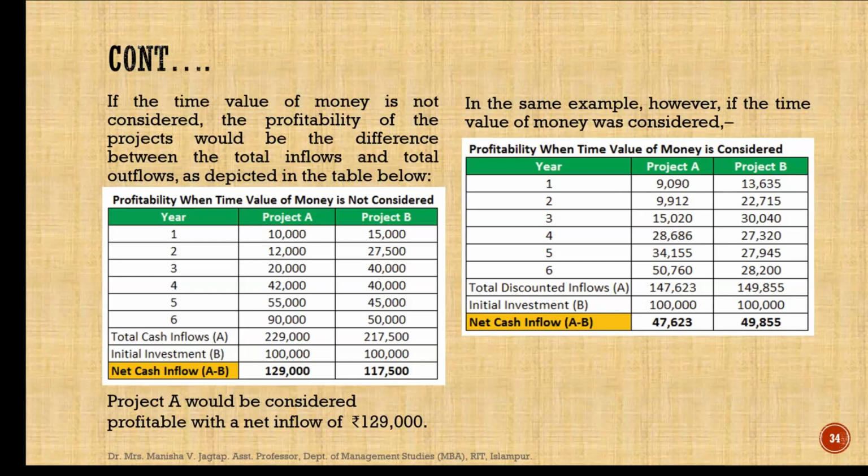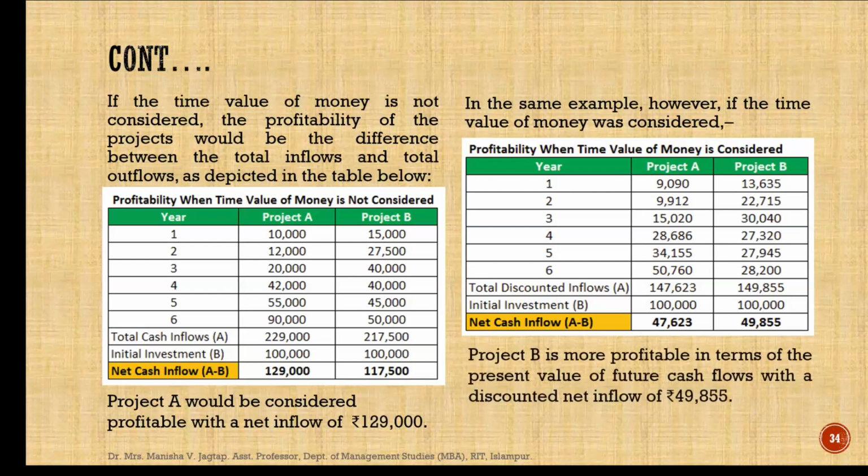But when we apply time value of money, then project B is more profitable in terms of the present value of future cash flows, with a discounted net inflow of rupees 49,855. So it gives us a real picture when we apply the time value of money, and here our results are totally different from the earlier one.